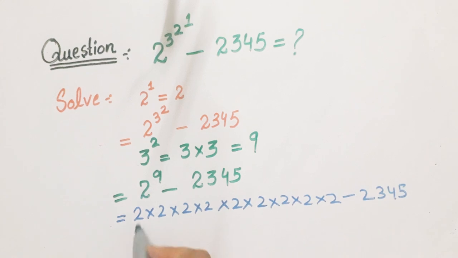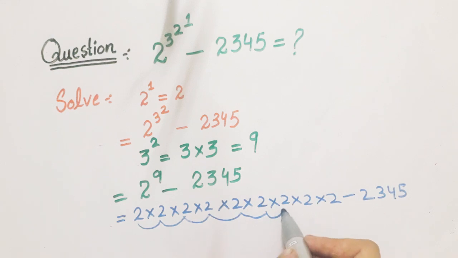Now we will solve this. 2 into 2 is 4. 4 into 2 is 8, 8 into 2 is 16, then 16 into 2 is 32, 32 into 2 is 64, 64 into 2 is 128, 128 into 2 is 256, then 256 into 2 is 512.